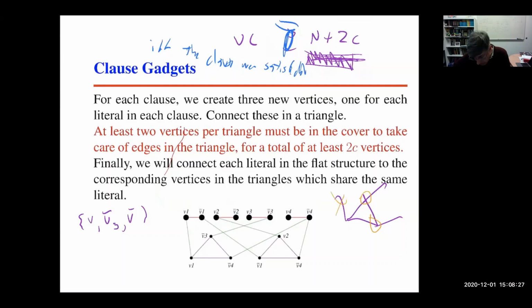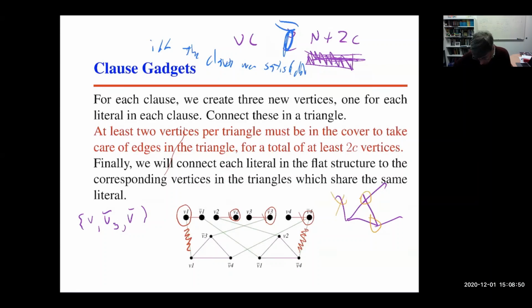Okay, if we had a satisfying assignment like this, let's say this, then what we knew was, because it was satisfying, each clause had at least one variable that was in the truth assignment.